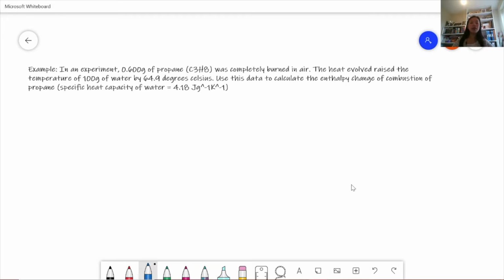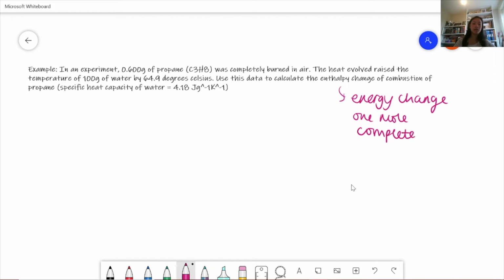Now, because it's completely burned in air, we definitely know that we can use the enthalpy change of combustion, because the definition of enthalpy change of combustion is the energy change when 1 mole is completely combusted with everything in standard conditions and states.